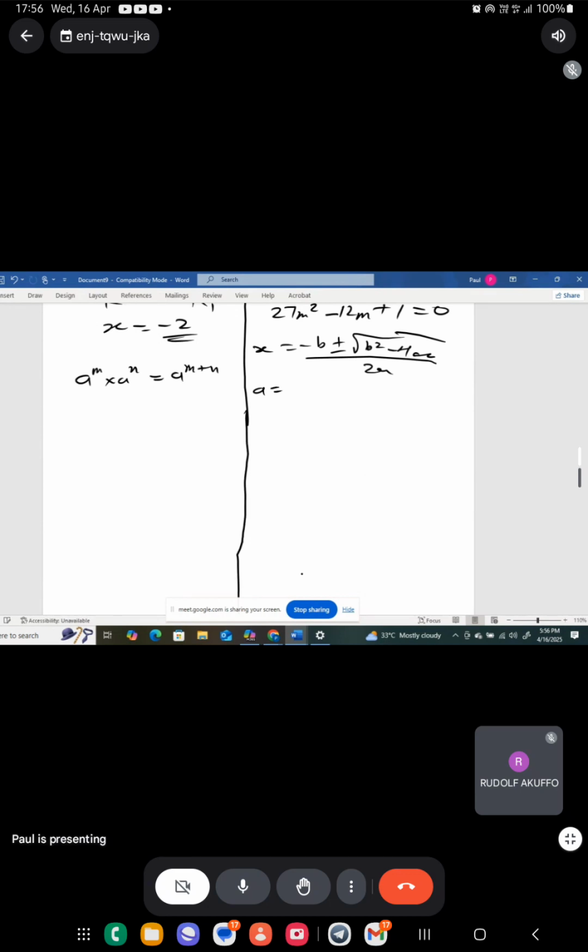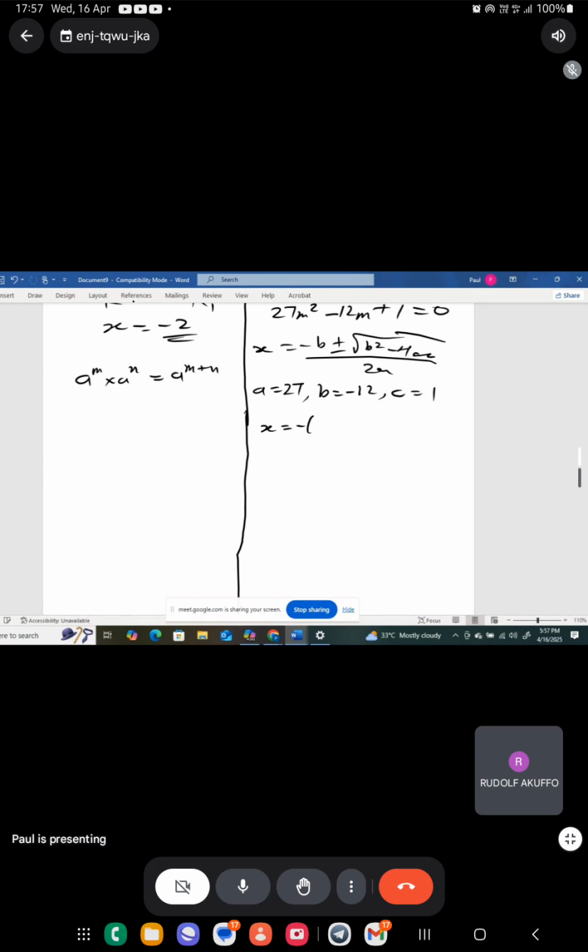The a is the coefficient of m squared, the number in front of m squared. Yes, 27. And the b will be the coefficient of m, which is 12, and the c is the constant number, which is 1.